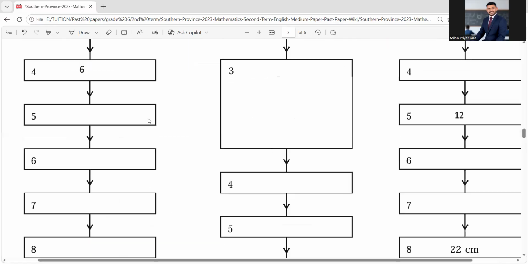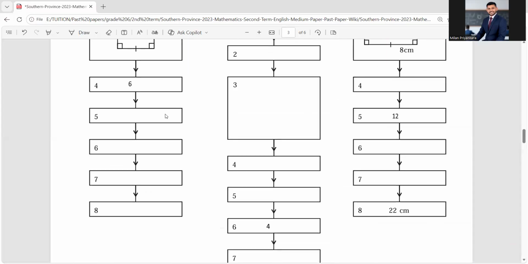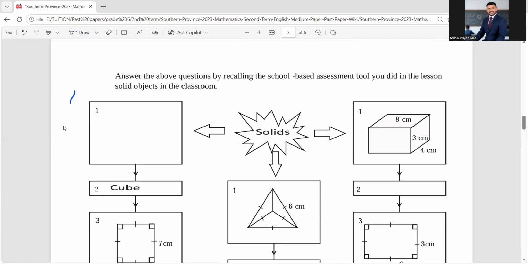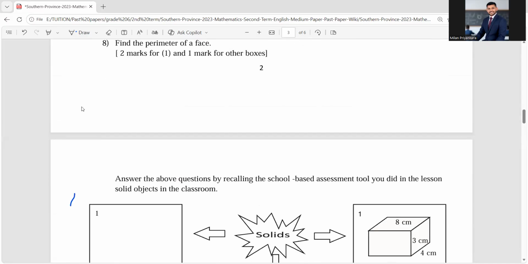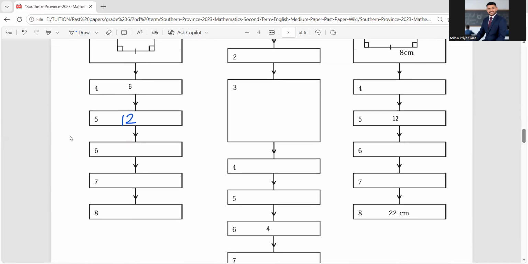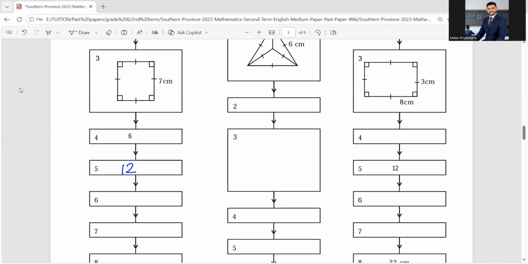The number of edges of the cube is equal to 12. And the 6th one, write the number of vertices. The number of vertices in the cube is 8.